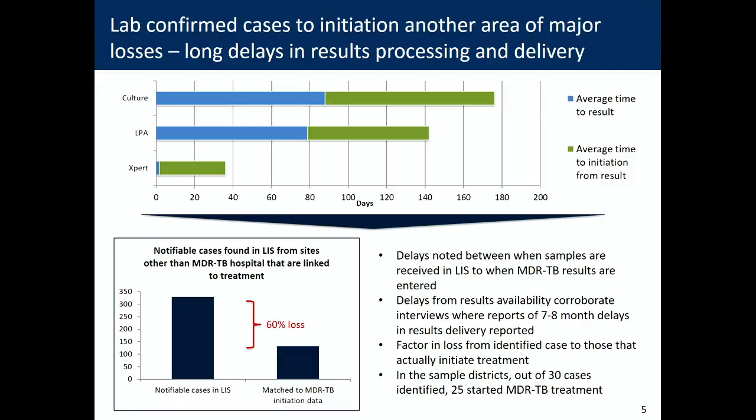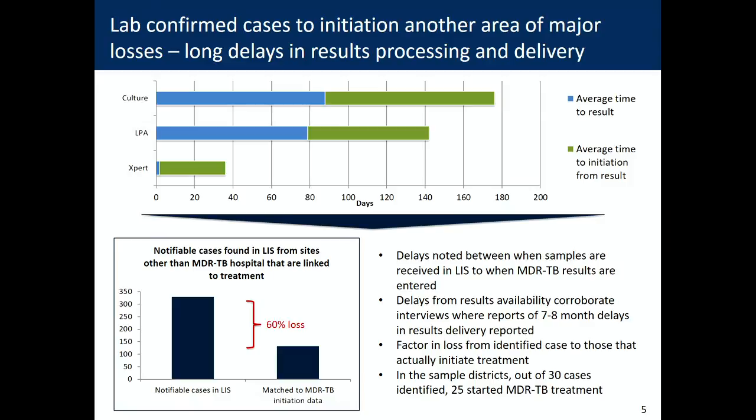And this is corroborated by some of the clinician interviews, where the clinicians were reporting that they didn't receive results for 7 to 8 months after sending in a sample. So this is a huge reason for some of the patient losses that we're experiencing along the pre-treatment cascade.